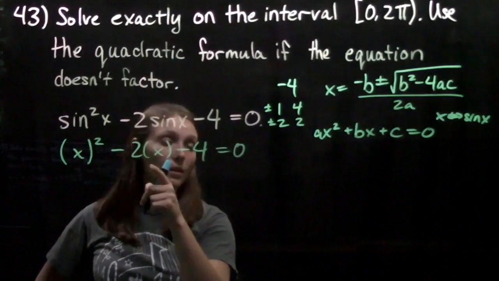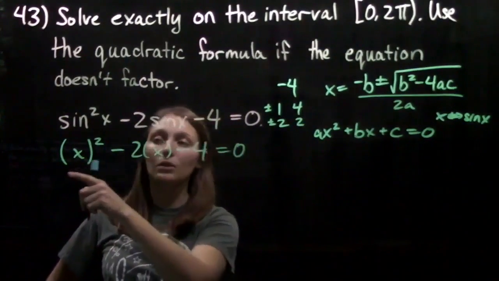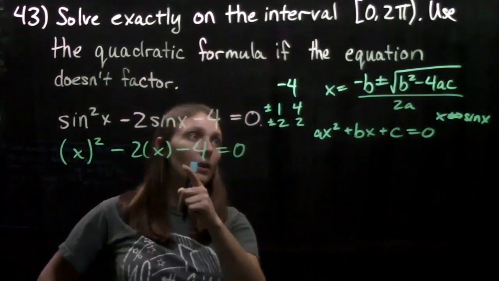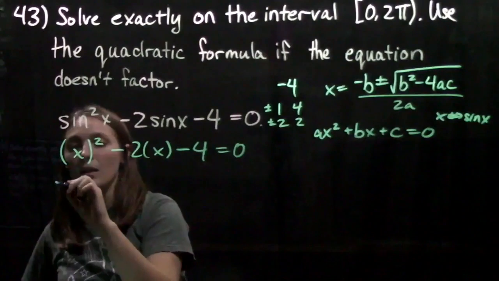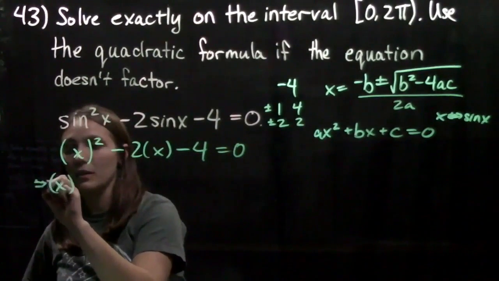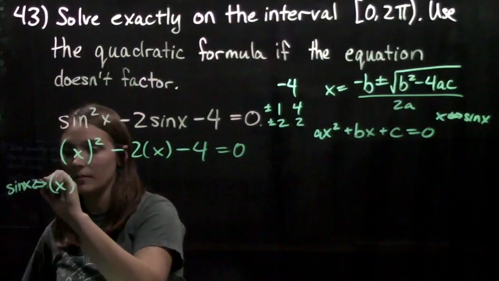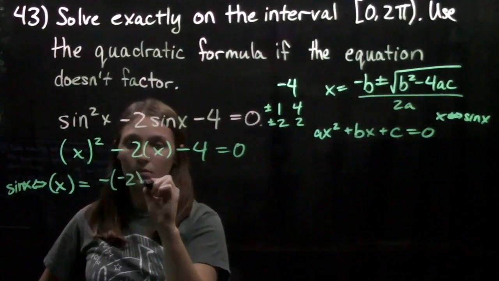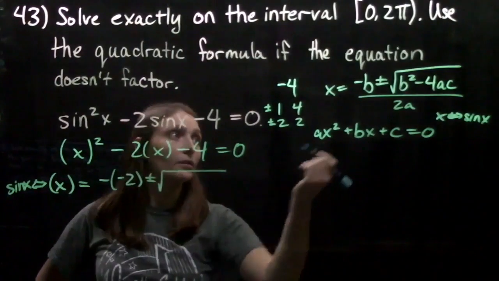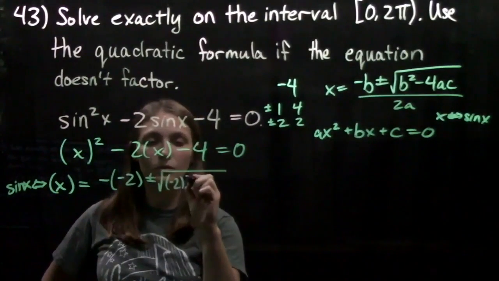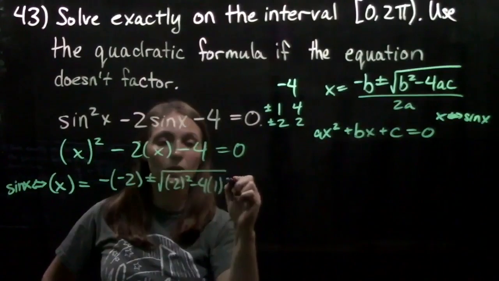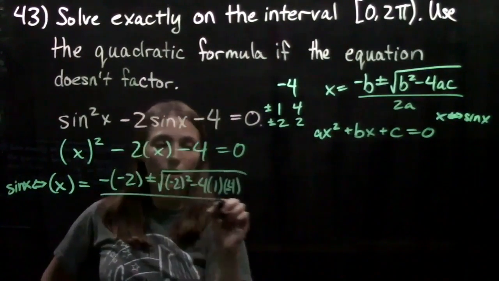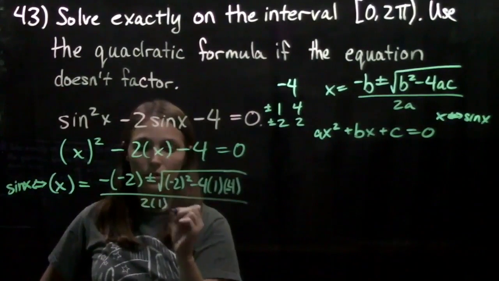Now we want to remember later that this is still going to be a sine x, but now we can use this equation with our a as 1, b as negative 2, and c as negative 4 to plug into our equation here. So we'll get that this x, which is really going to be a sine of x, is equal to negative b, which is negative negative 2, plus or minus the square root of b squared, negative 2 squared, minus 4 times a, which is 1, times c, which is negative 4, all over 2 times a, which is 1.